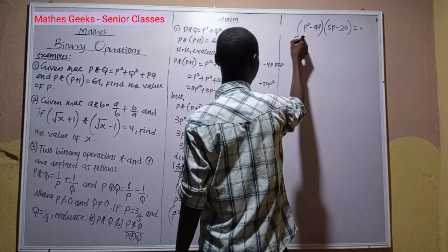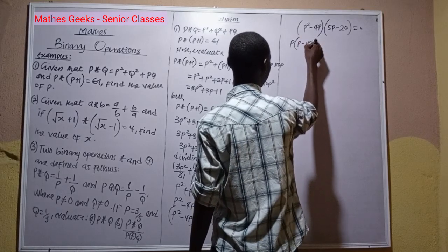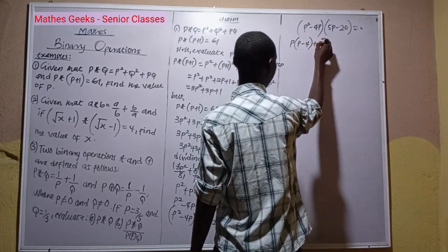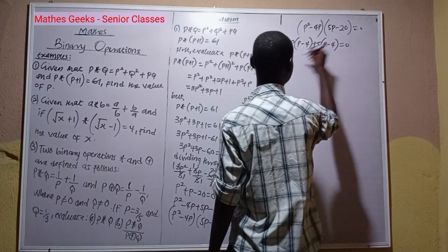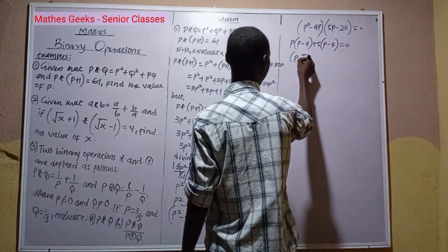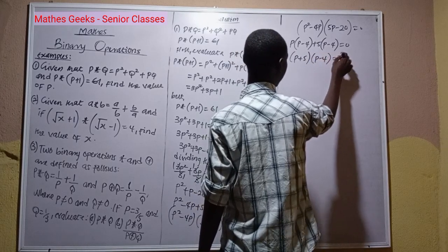So bring out the common factor p: p into p squared minus 4p is p times p minus 4, and then you have plus 5 times p minus 4. As you can see, p plus 5 and p minus 4 equals 0.